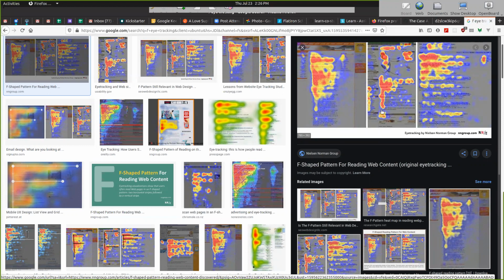Because people don't read sites. They don't read apps. They don't read code. This is such a counterintuitive idea. But people don't read this stuff. They scan it. The reason you're looking at something like this is you have a goal in mind. For example, I went camping last weekend.